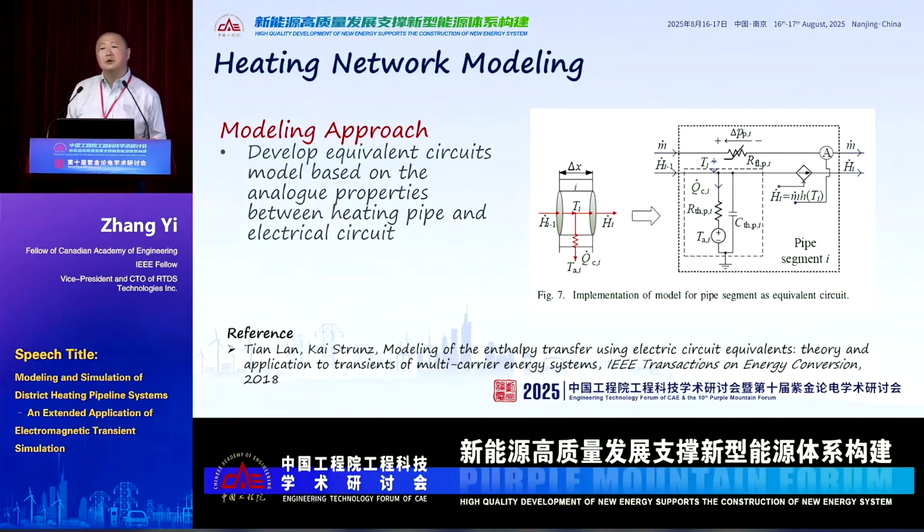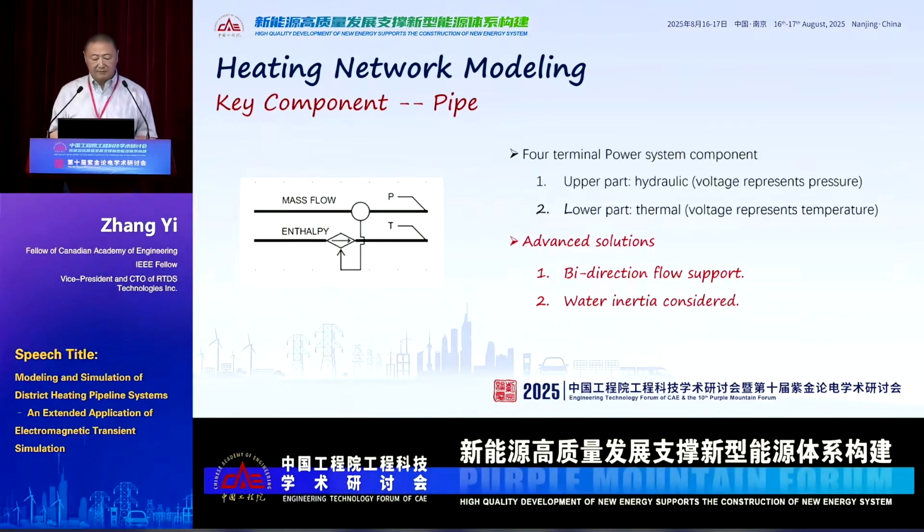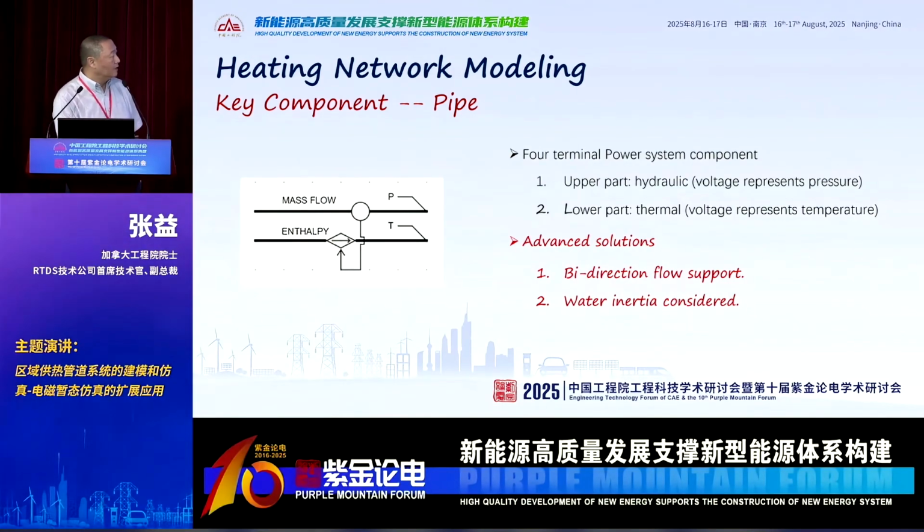Is called 叫比热。比热如果乘以它的流速的话，那就等于它的entropy 能量。For that, we developed this pipe model, which is 2-dimension. The up one is the mass flow, it's the hydraulic one. The lower one is entropy transfer. It's a thermal one.